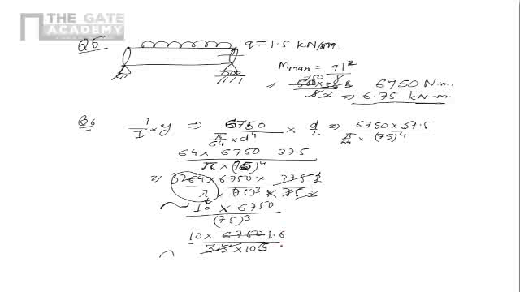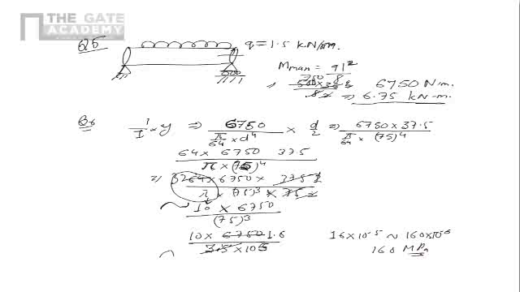So we have to check which option is giving us around 160, because this is nothing but 16 into 10 to power minus 5, which is 160 into 10 to power minus 6, or 160 MPa. So that's the answer, around 160. Which is that option?